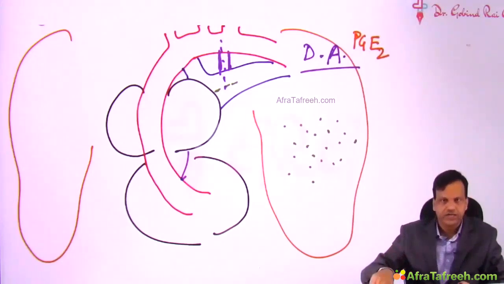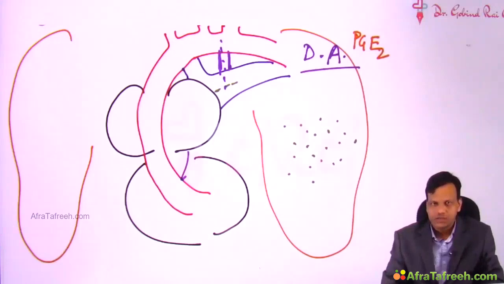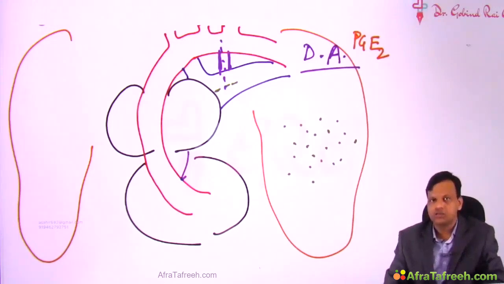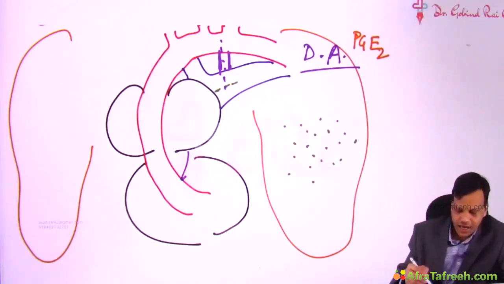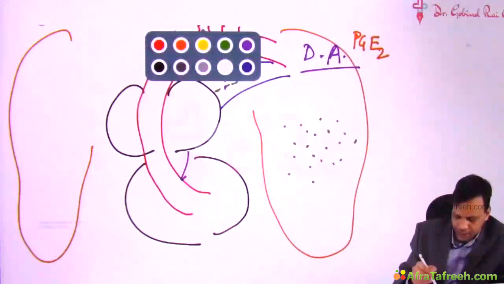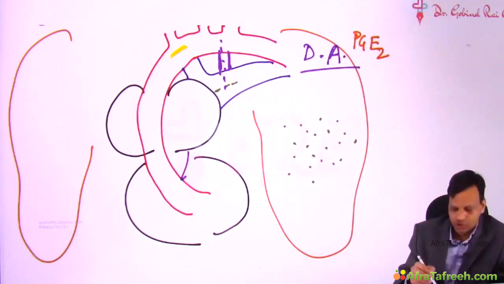Now when delivery occurs, the formation of prostaglandins is not there. So when prostaglandins are not there, the ductus will close. And this is the thing we want, because after birth the lungs contain air, so pressure in the pulmonary circulation is less, and after birth the pressure in the aorta is more than the pulmonary trunk. So if the ductus remains open, then some of the blood will come back.